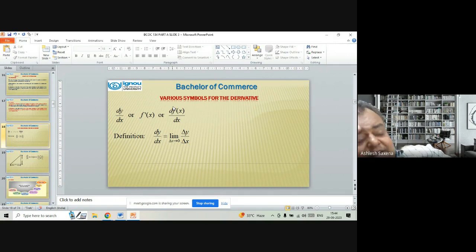Your fraction is in the form of delta y by delta x. You are applying the limit delta x tends to 0. Limit delta x tends to 0 of delta y by delta x is equal to dy by dx.